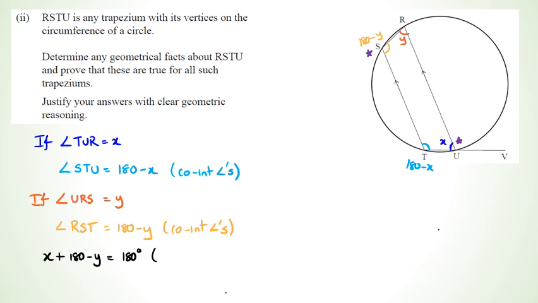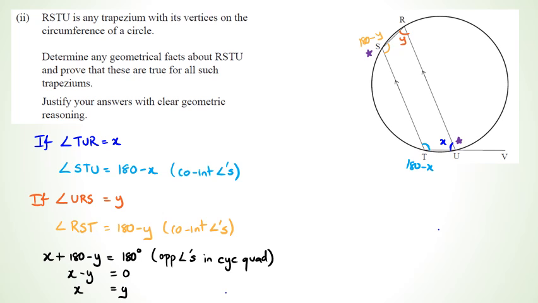When I rearrange this, I'm going to get x minus y is equal to 0, which means x is equal to y.